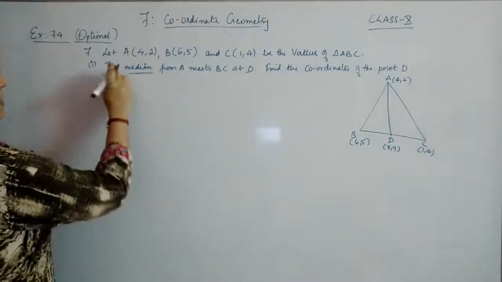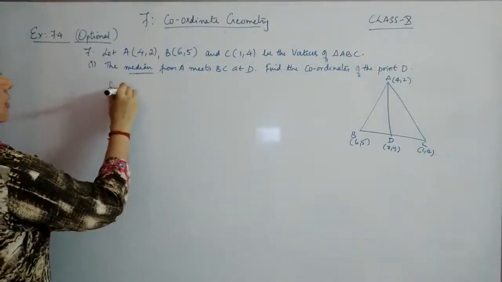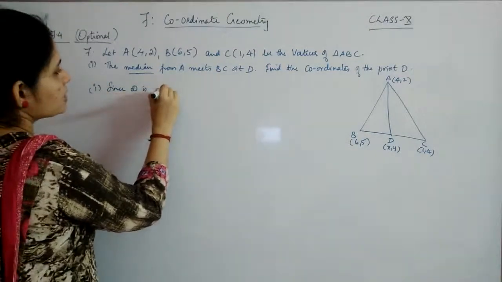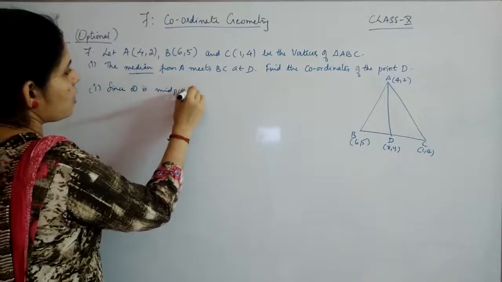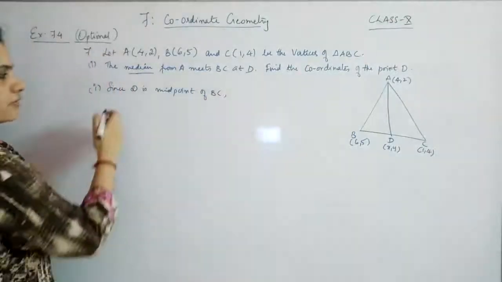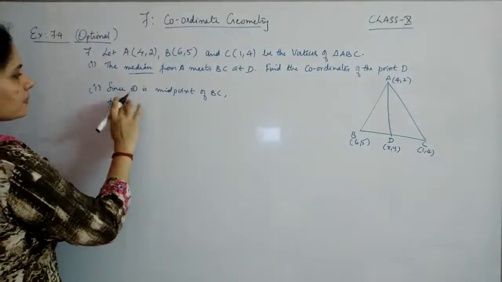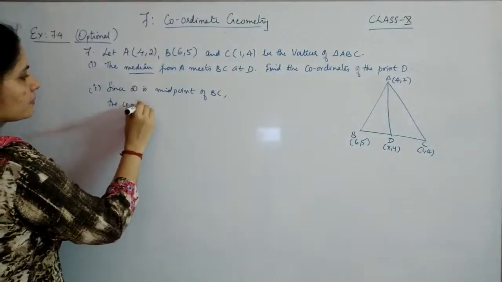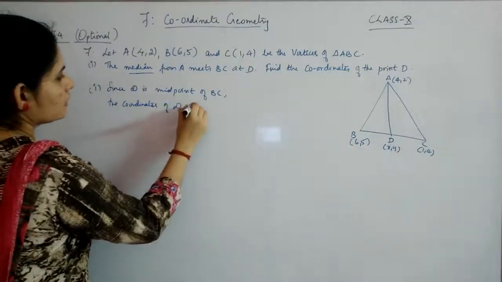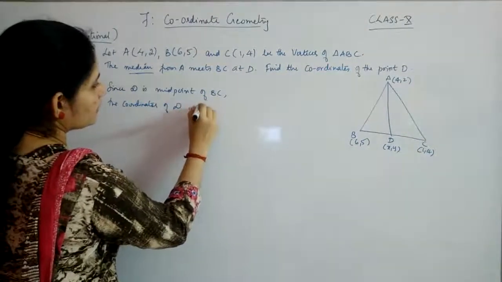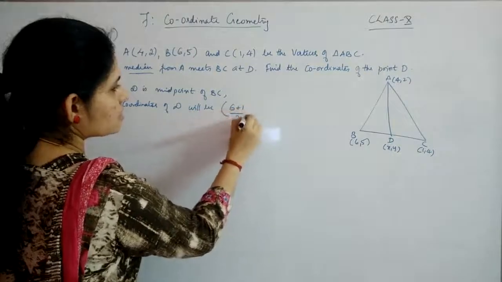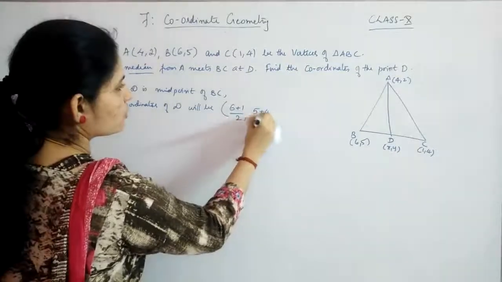So the first answer is, since D is the midpoint of BC, the coordinates of D will be (6 plus 1) by 2 comma (5 plus 4) by 2.